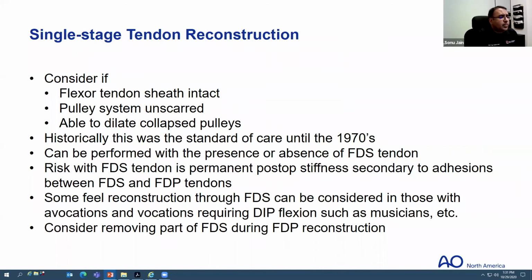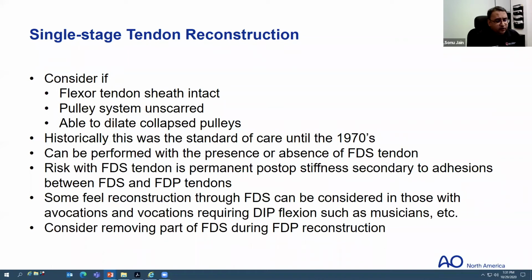So single stage tendon reconstruction, consider if the flexor sheath is intact, the pulley system is unscarred, and you're able to dilate the collapsed pulleys. So this is historically the standard of care that Dr. Boyes did until the 1970s. And as I mentioned earlier, it could be performed with the presence or absence of the FDS tendon. The risk, as I mentioned earlier, if you have the FDS tendon in place, is post-op stiffness secondary to the adhesions.